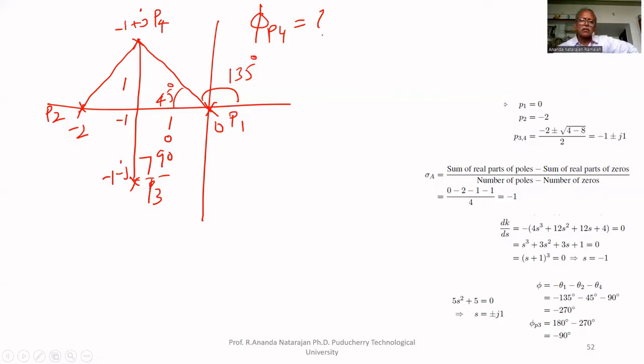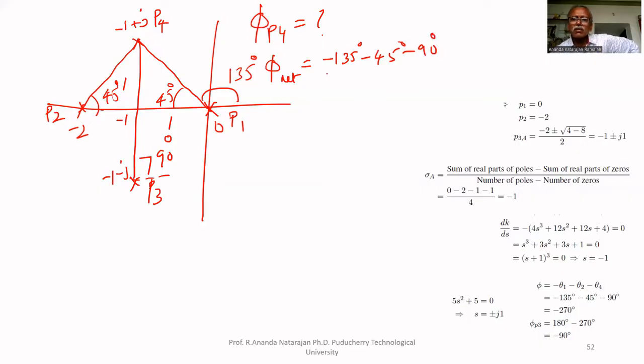This angle is 135 degrees. This is −2, this is 45 degrees, with 1 and height 1, therefore 45 degrees. This is 90 degrees. Therefore φ net, because it is from poles, is −135 − 45 − 90 degrees.